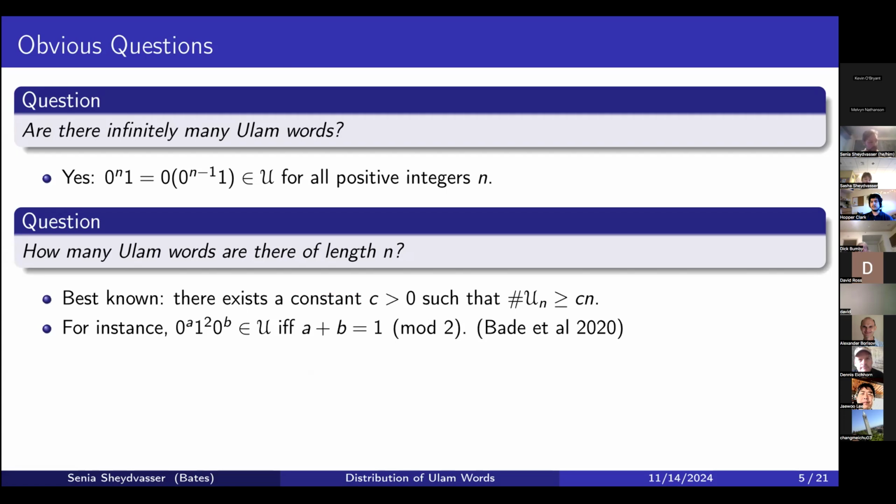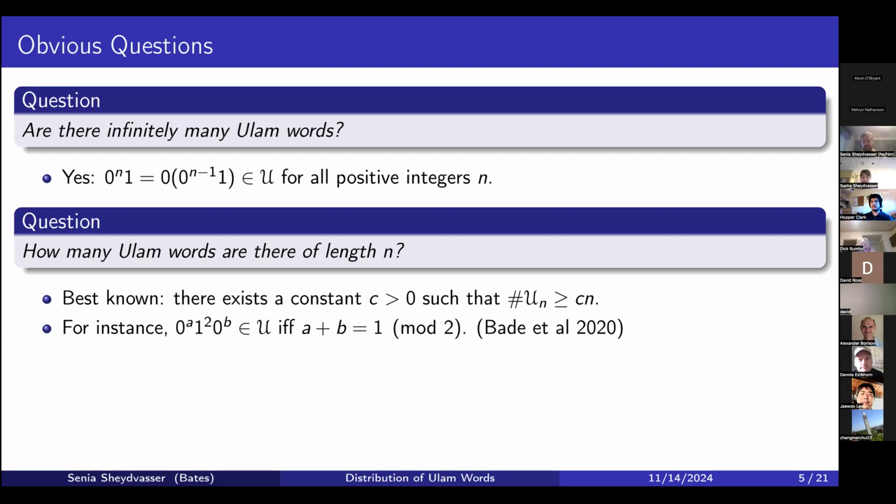As far as I know, the best known result is that there exists some positive constant c such that the number of Ulam words of length n should be at least c times n, so at least linear in n. Here's a really simple way to see this.